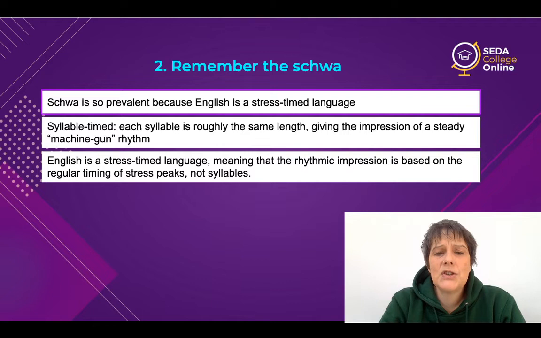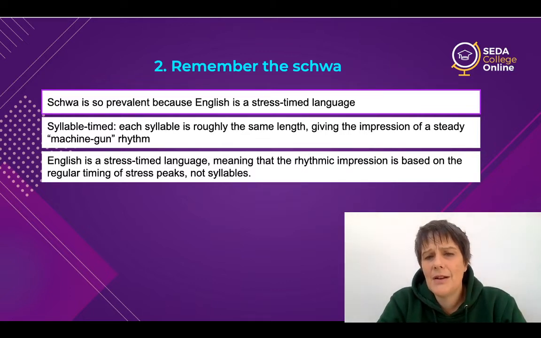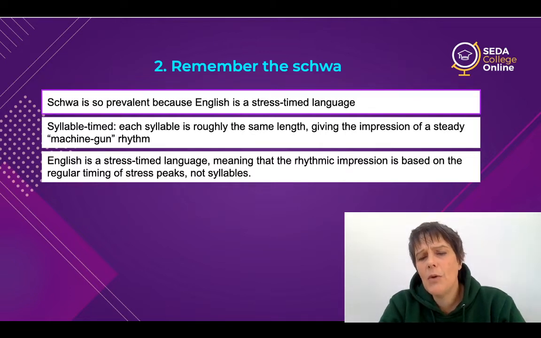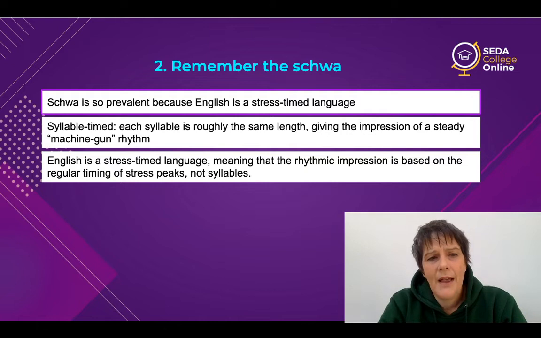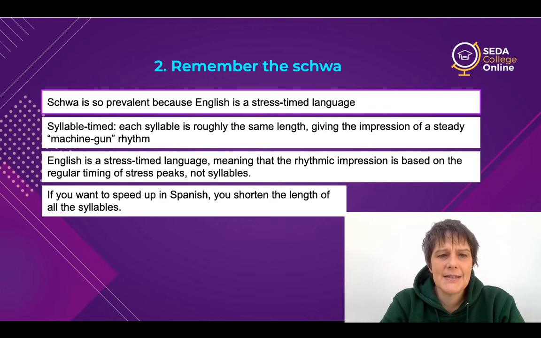But in English, no, you don't have to get through the syllables. If you consider that the syllables are not important, then you can just roll them all through with a schwa sound. And that's why you get these peaks in terms of meaning, in terms of the main content words of your sentence.